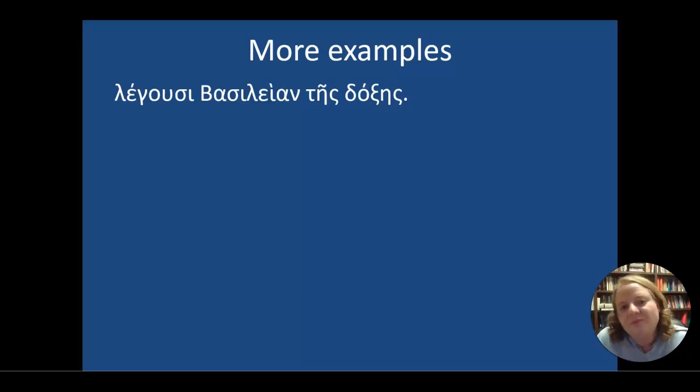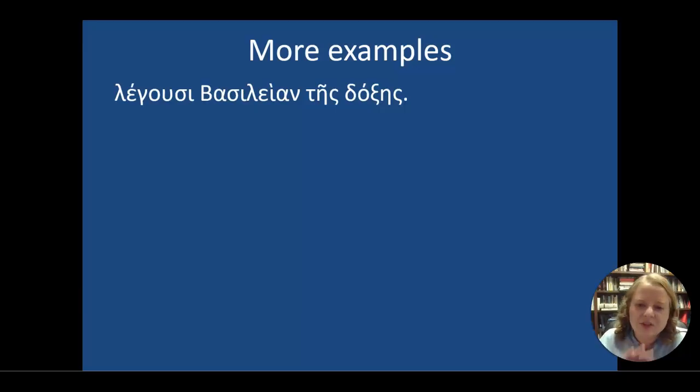Legusi, basilean, tes doxes. Legusi, there's your verb. So, luo, lueis, luei, luomen, luete, luousi, they. You're looking for they as a subject. They speak, lego, right? There is no subject because there's nothing that has a he or a hi.